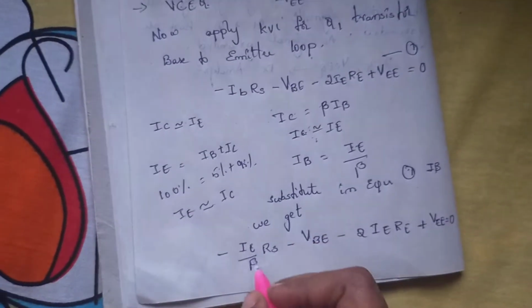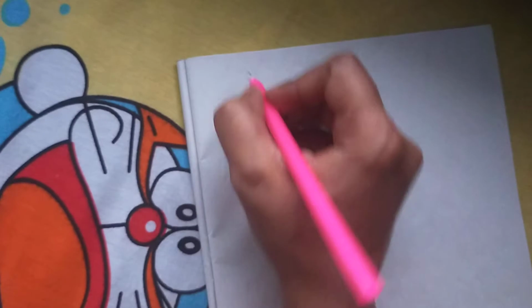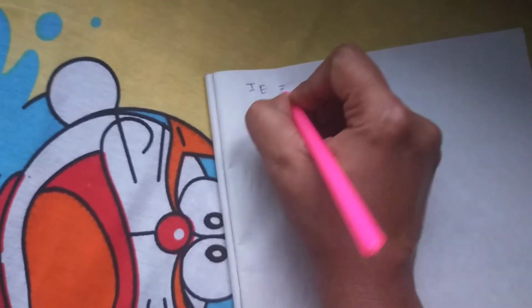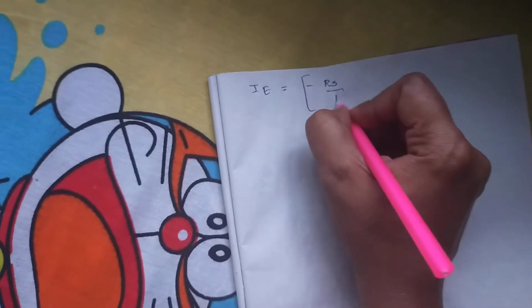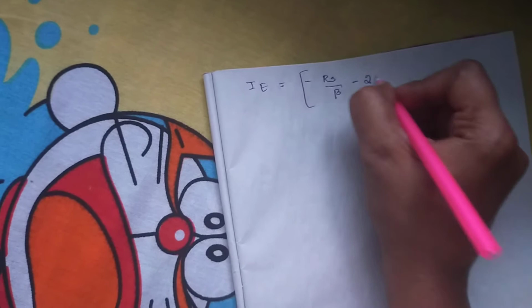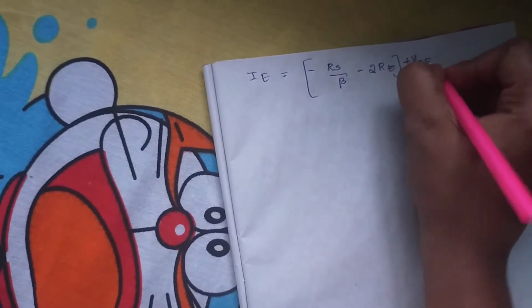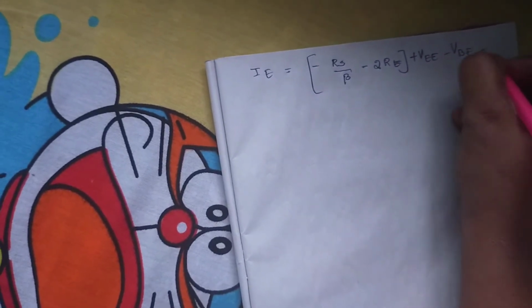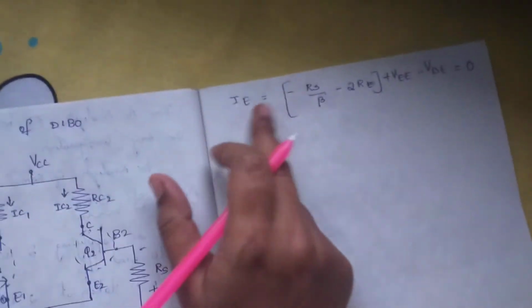Here we have IE in two places, so I am taking IE as common. I just substituted this IB equation in equation 1 and then took IE as common.